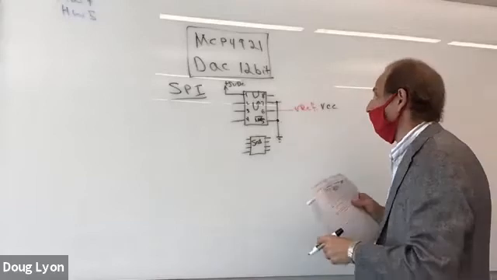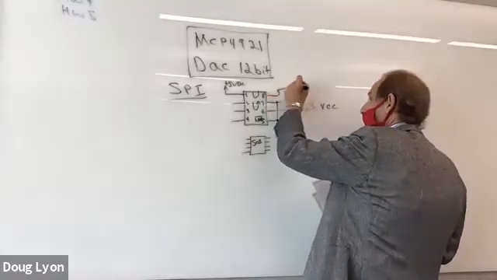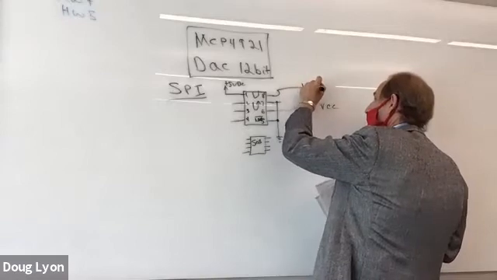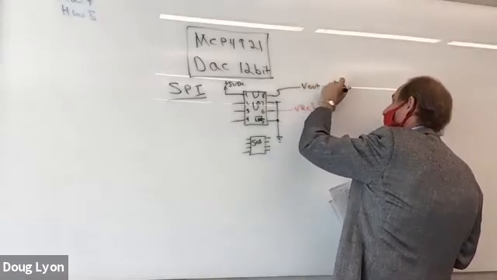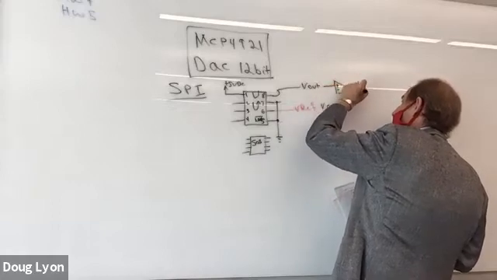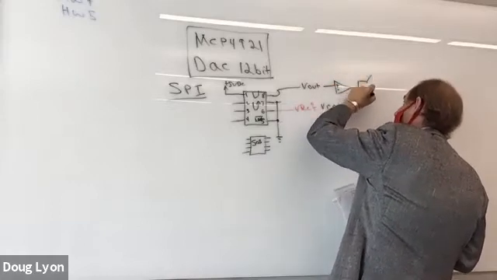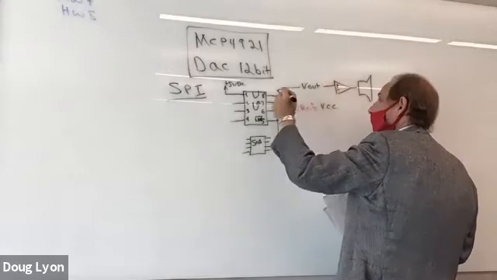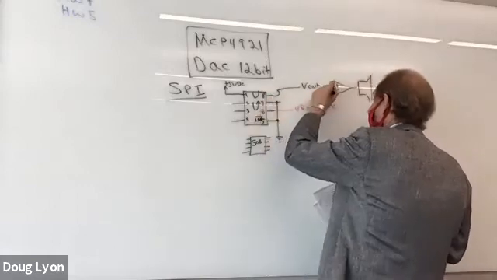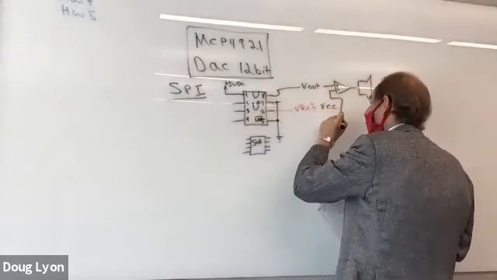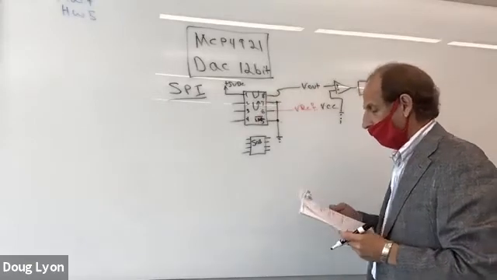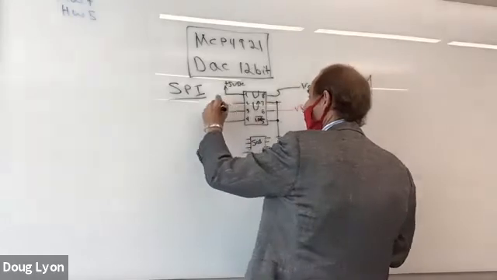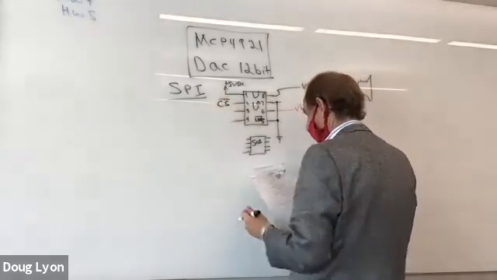And then there's a voltage out, the out. And that goes into your amplifier, which then goes into your speaker. The other end of the amplifier goes into ground. And what you want in here is a chip select. This is an inverted chip select.